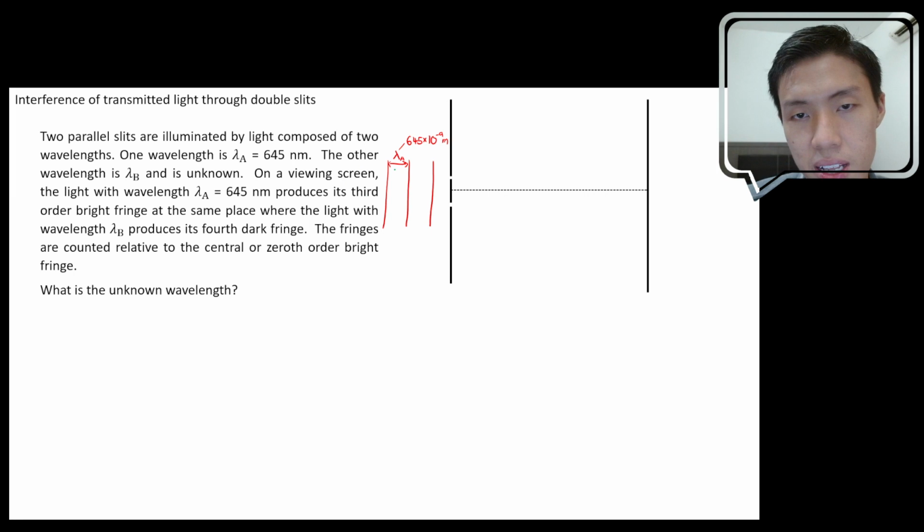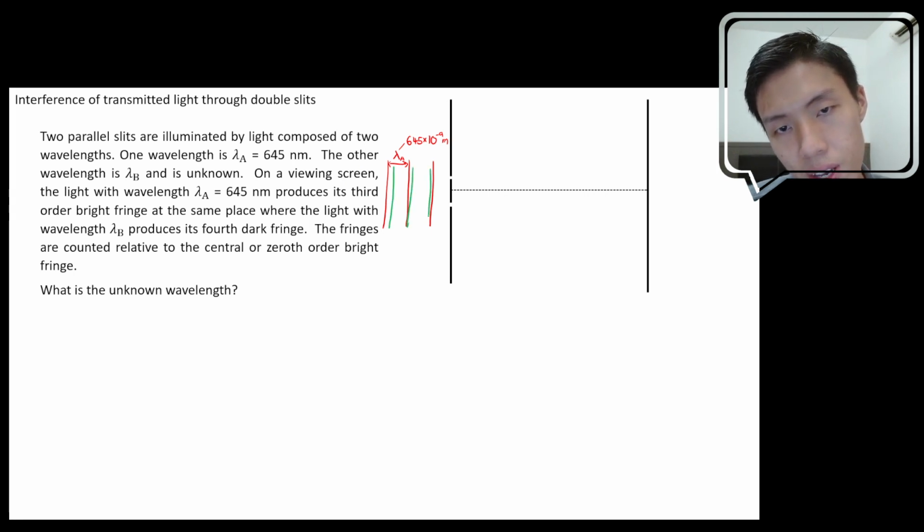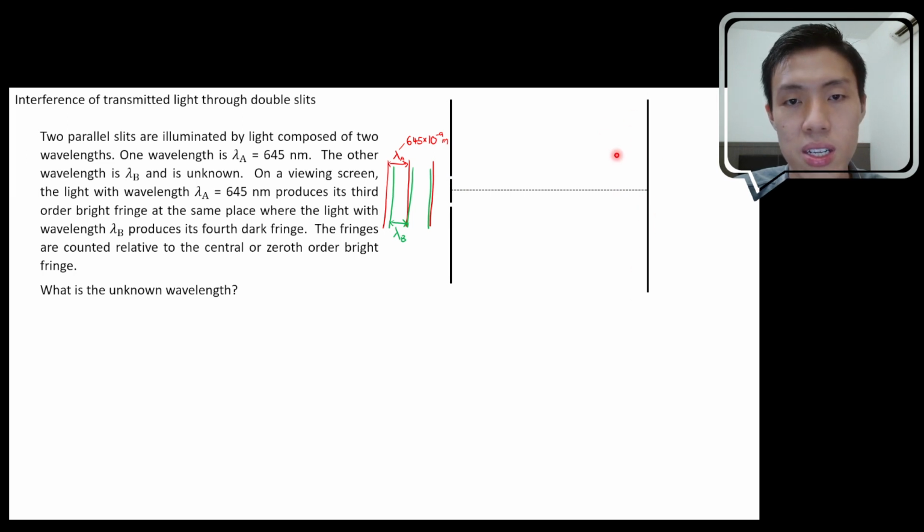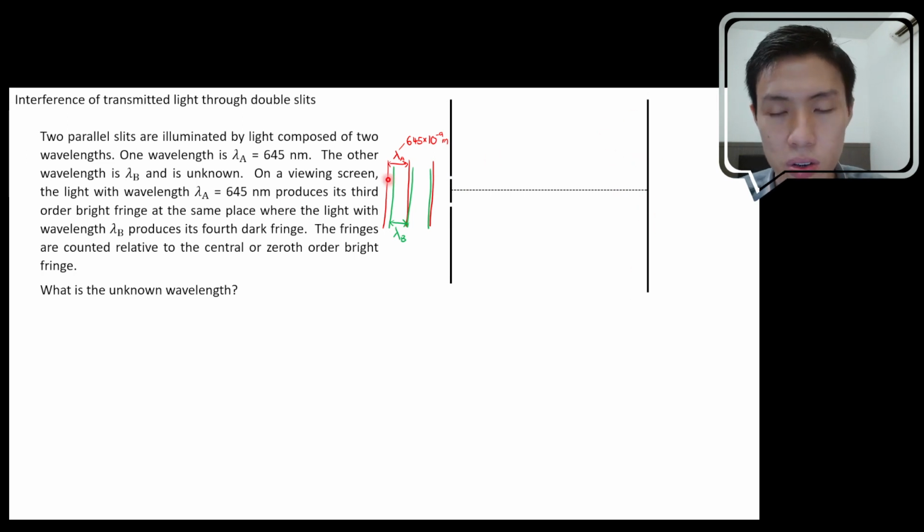I'm not sure what the color actually is. This other wavelength is also arriving at the double slit, and I'm going to label it as lambda B. Both of them are shining on this double slit, and at a distance away you place your screen, then you see the interference pattern.